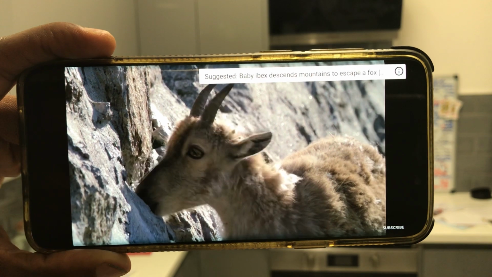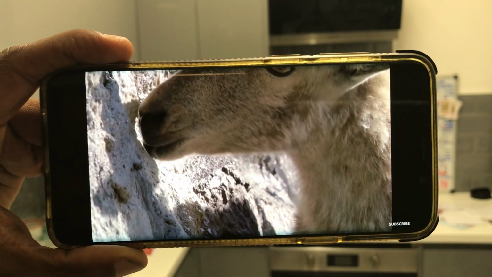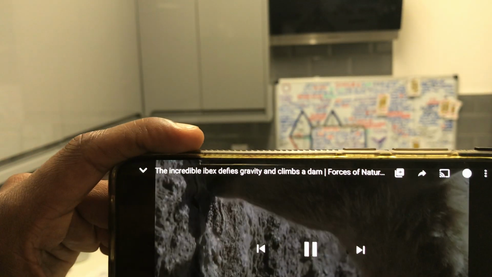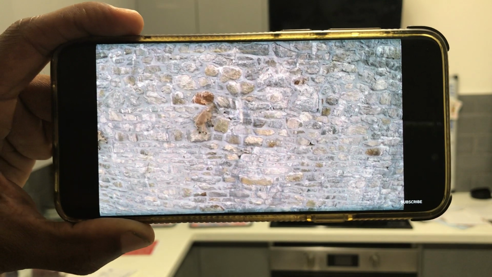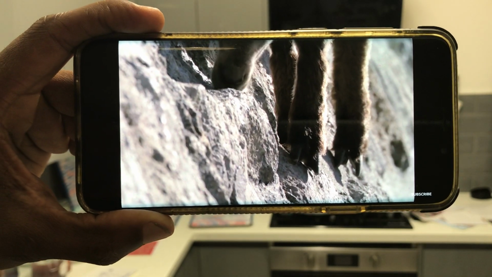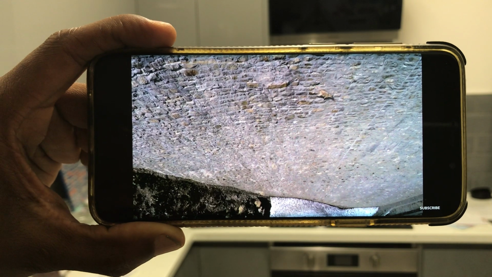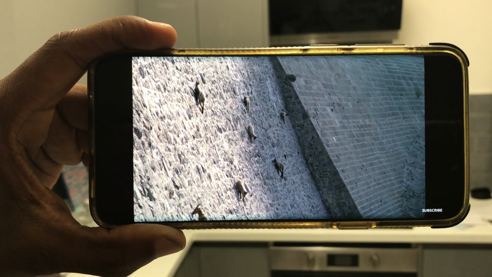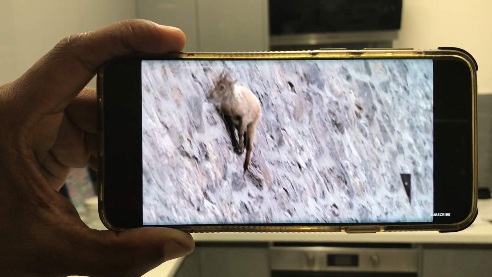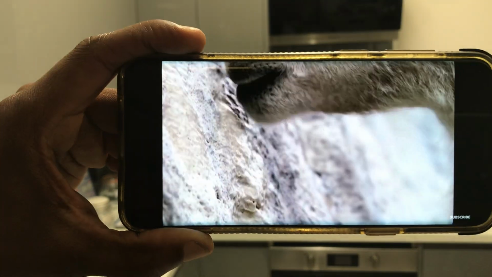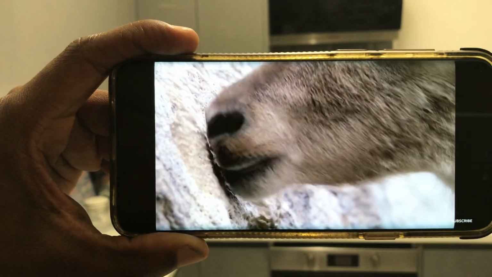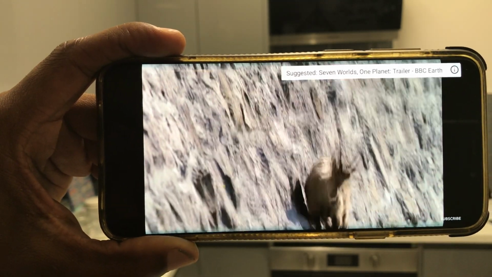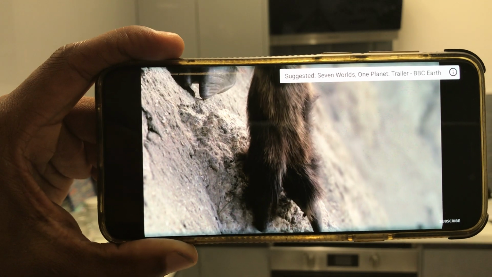The ibex eventually make it to the prize. Salt from the earth, dissolved in water, continues on its journey into their bodies, where it's used in the nerves and muscles that control dexterous pincer-like hooves.